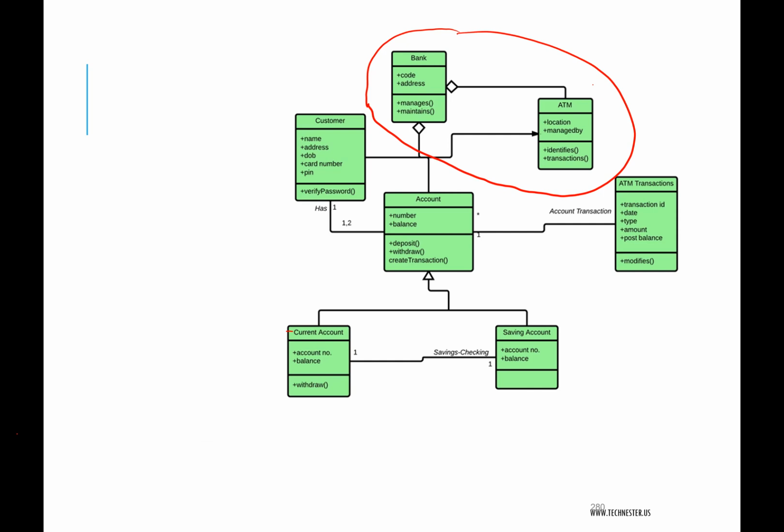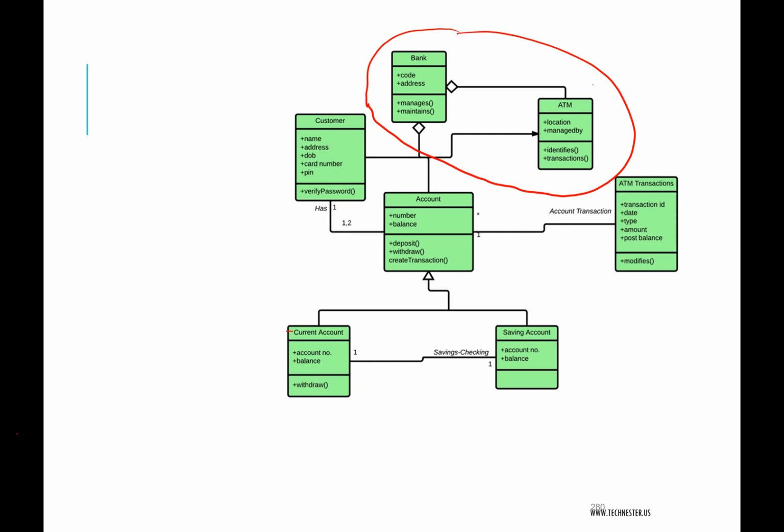And the location does not have to be the same. They can be different locations from the bank and from the ATM. That is all I understand, to be honest.